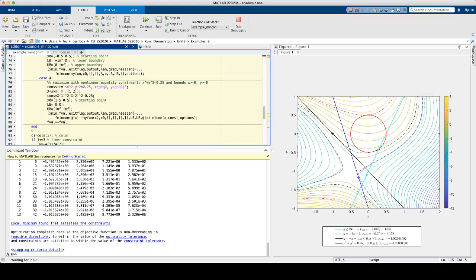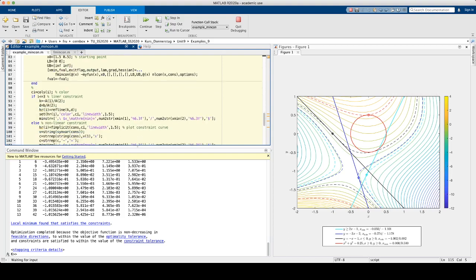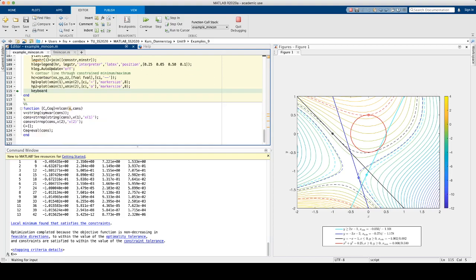So x and y have to be non-negative. In the legend, you can see the exact positions of the constrained minima, and the last one, the constrained maximum, which is drawn in red. At the maximum, the contour line has to be parallel to the circle.